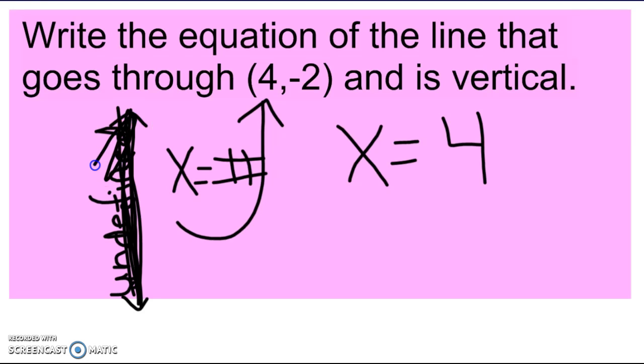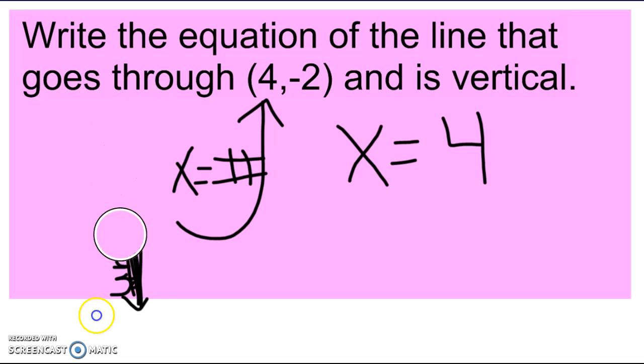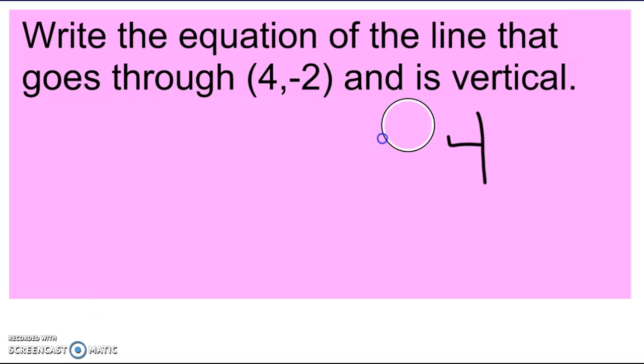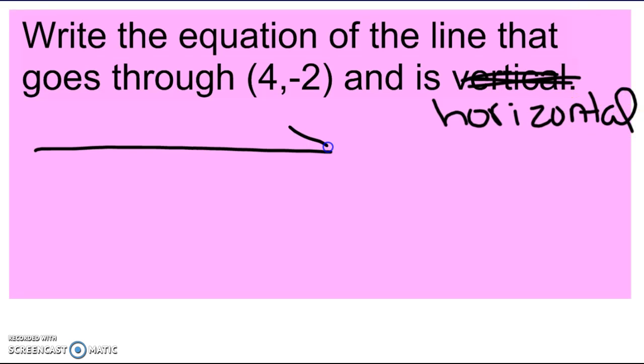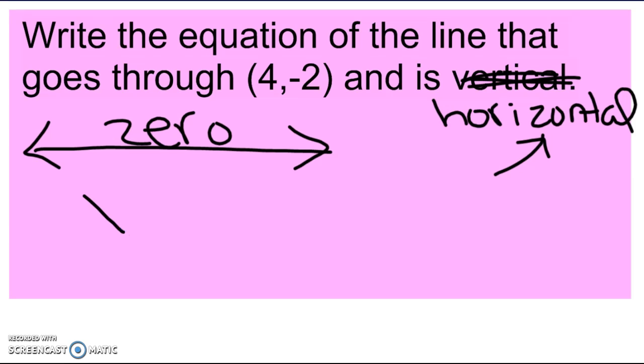And let's just go on and talk about if it were a horizontal line. Horizontal looks like the horizon, and the letter Z is in the word zero, so this would be the equation y equals a number.